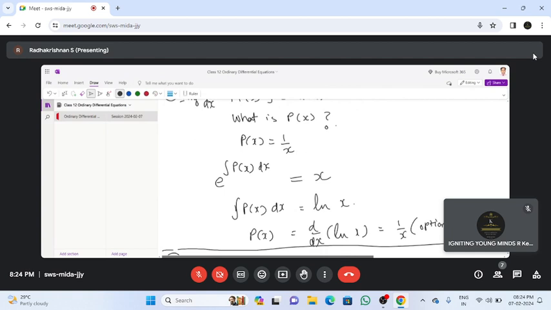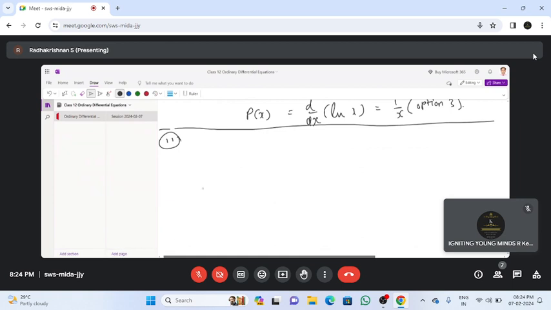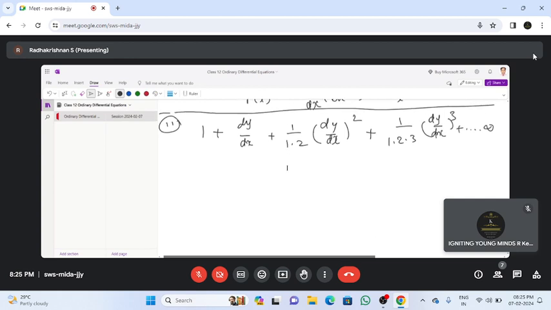So recollect the binomial theorem and tell me what this is. General, yeah, tell me Sundaresh. 1 by n factorial dy by dx whole to the power n, sir.